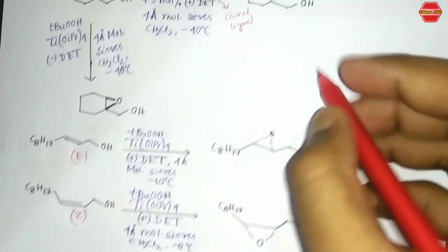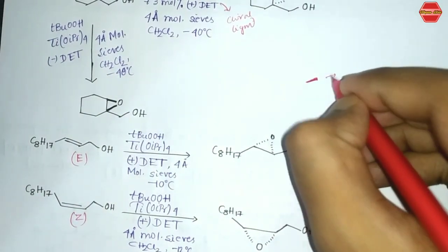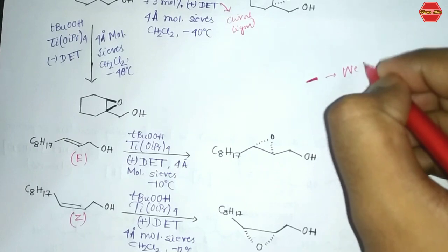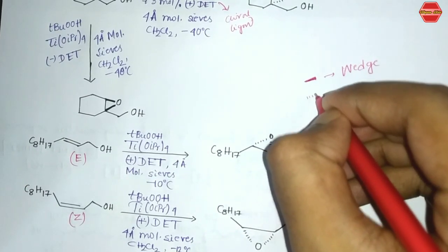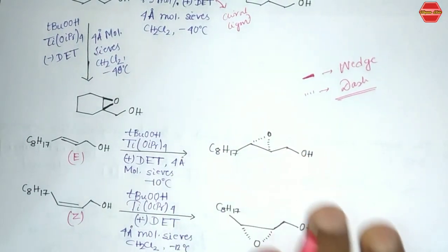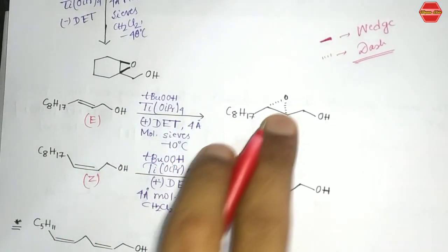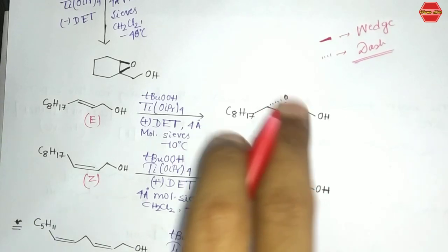We know that this type of bond is called wedge, and this is our dash bond. This is how we get this type of product. Here the plus tartrate is used, which is why we get this lower side epoxy alcohol.